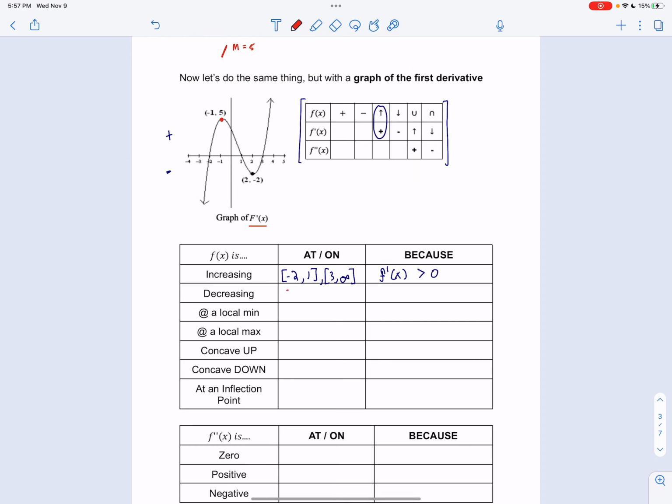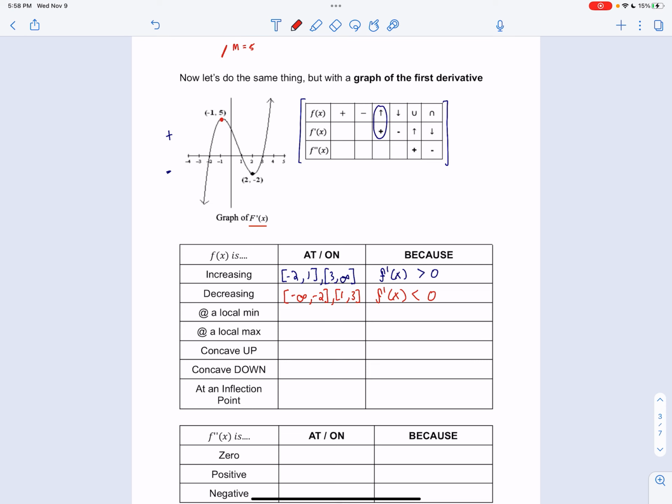Going the other way, the only times when the original function, f of x, is decreasing is when the derivative is negative. So that's going to be from negative infinity to negative 2, and also that little dip there from 1 to 3, likewise because the derivative here is less than 0.